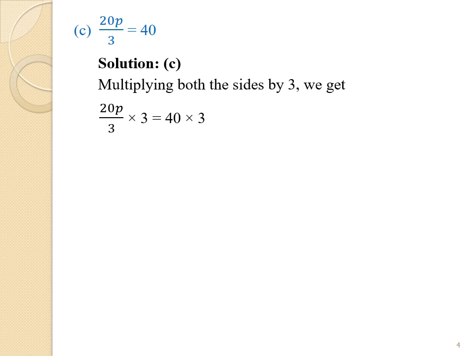Cutting common 3 from left hand side and multiplying 40 by 3, we get 20p equals to 120.